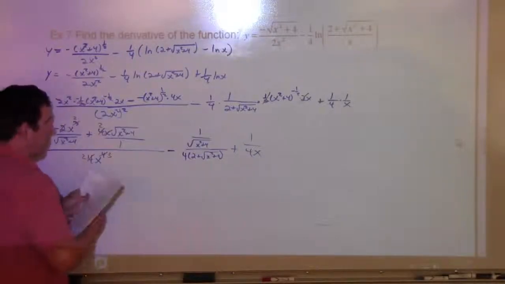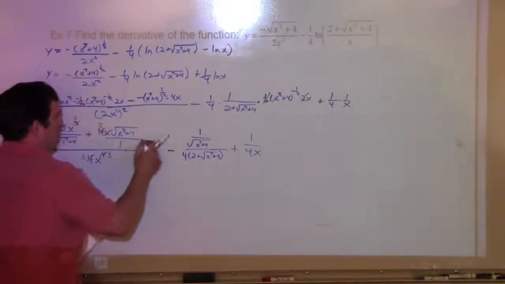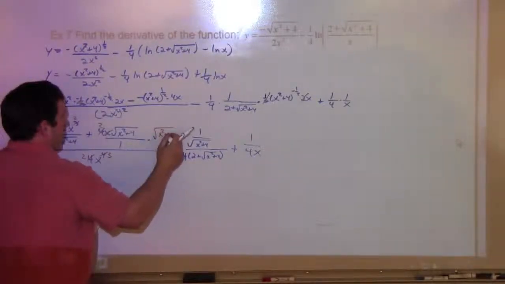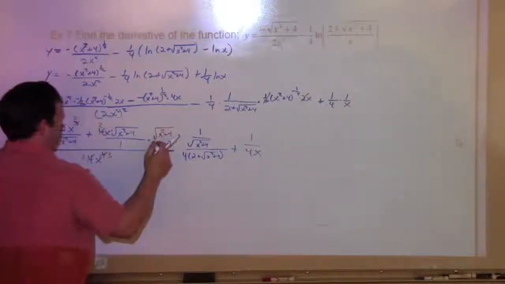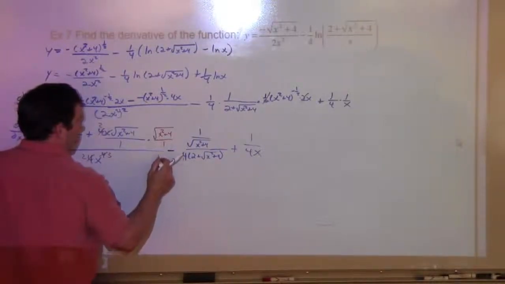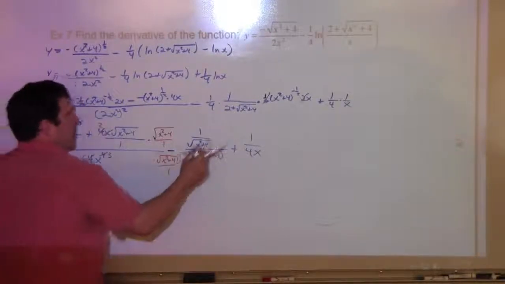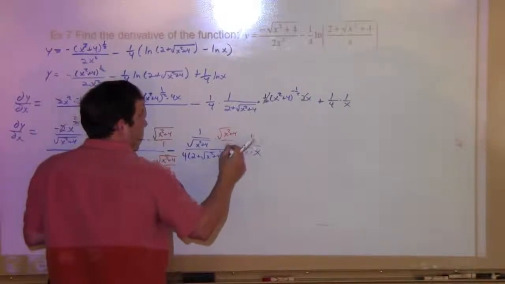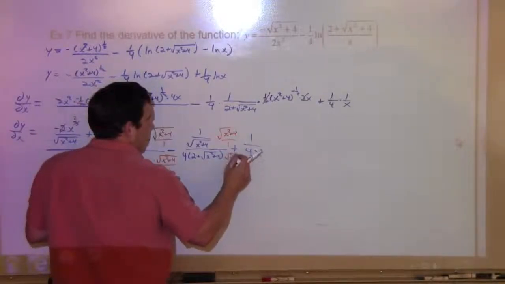So here I'm going to multiply by the square root of x squared plus 4 over 1. Down here, the square root of x squared plus 4 over 1. And same thing here, the square root of x squared plus 4 over 1.